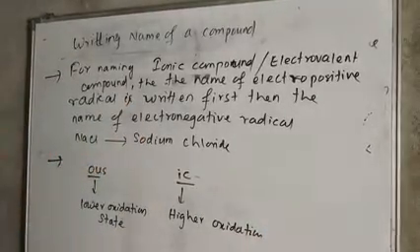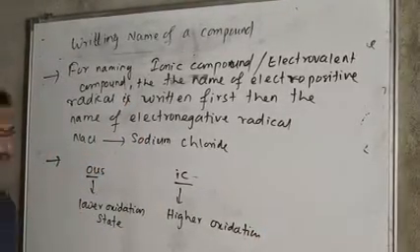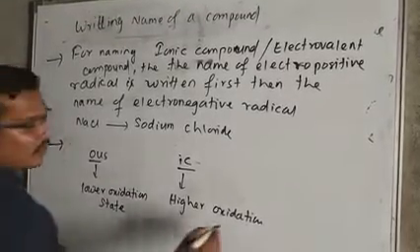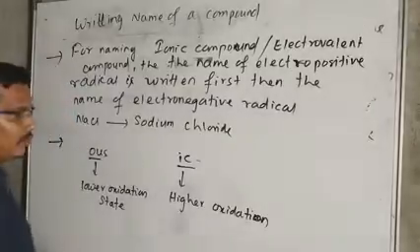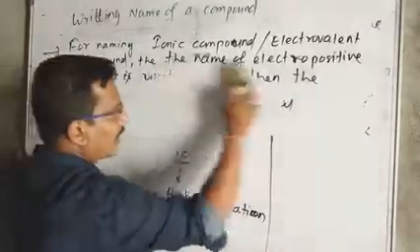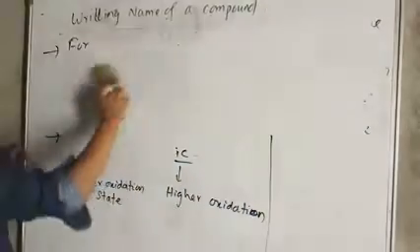Remember one point: OUS represents the lower oxidation state and IC represents the higher oxidation state. Suppose we take an example and explain it.